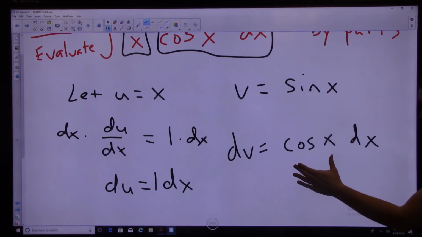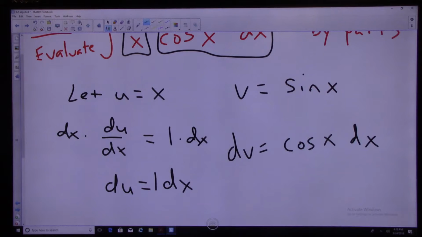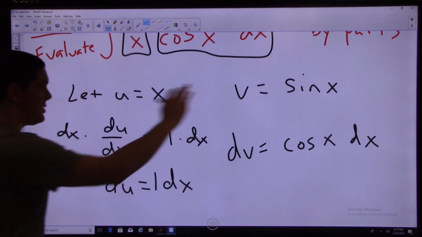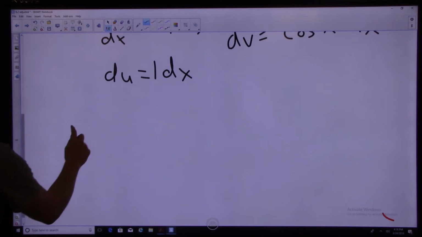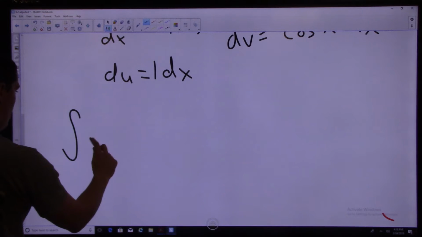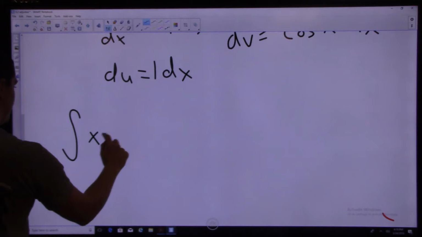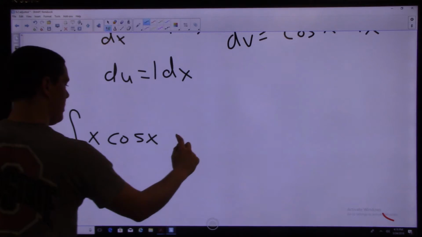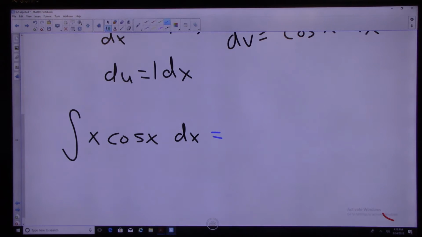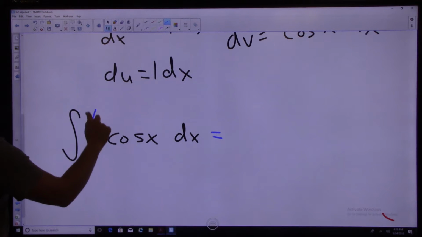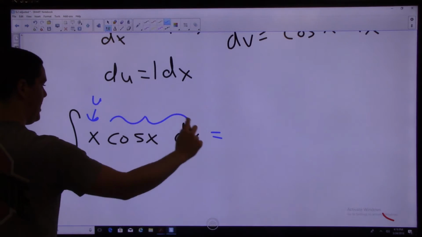If I take the antiderivative of cosine, I get sine. Hopefully that makes sense. So I want to find all four of those things now so I can apply the formula. So I can rewrite this, the integral of x times cosine x dx. Let me change colors here. Didn't we let this be u, and didn't we let this whole thing be dv?